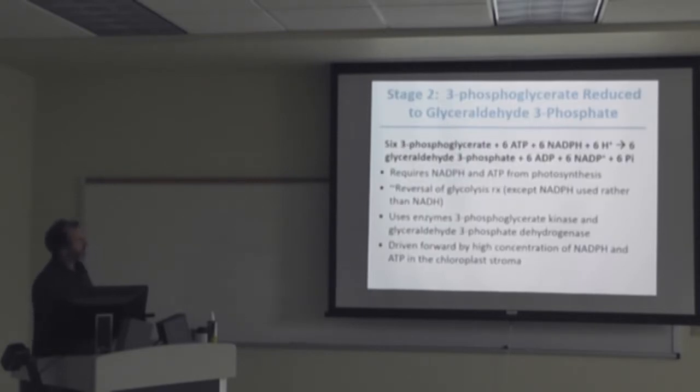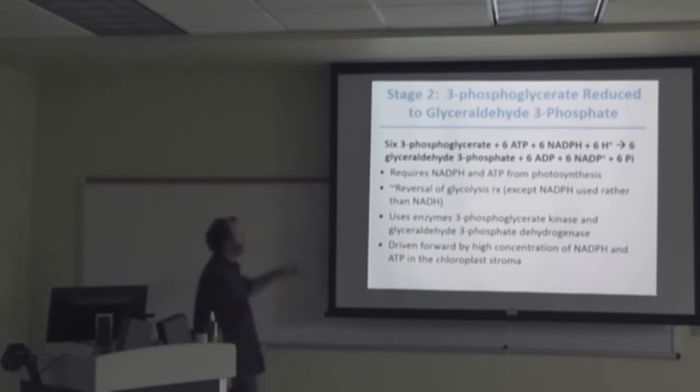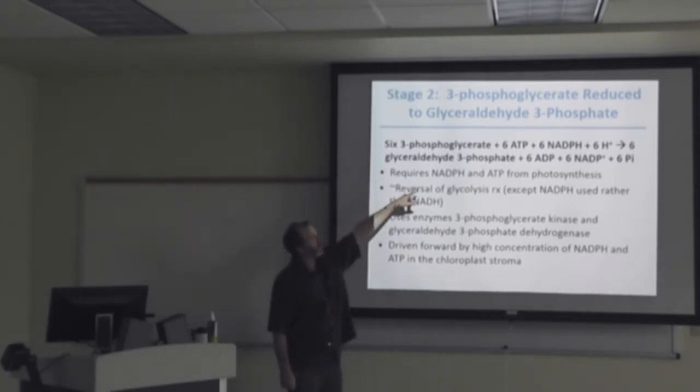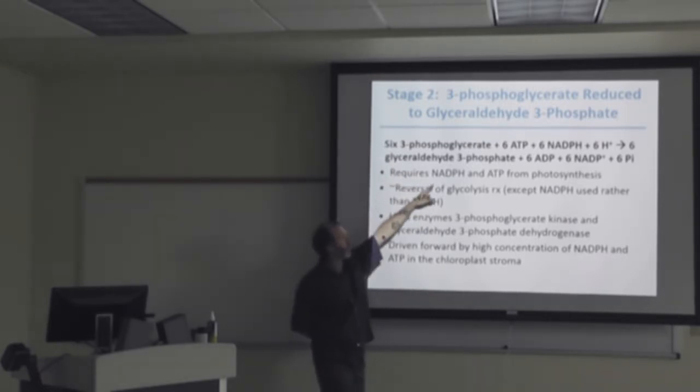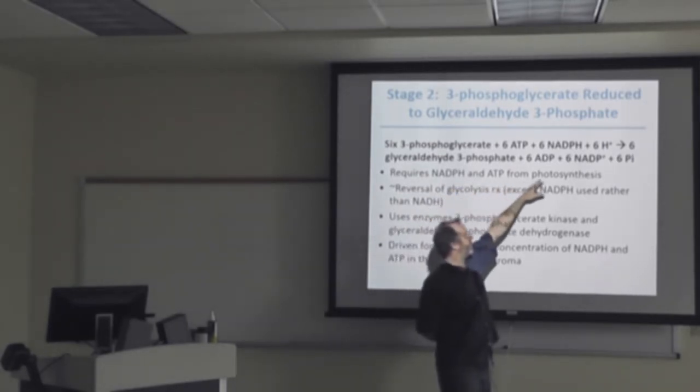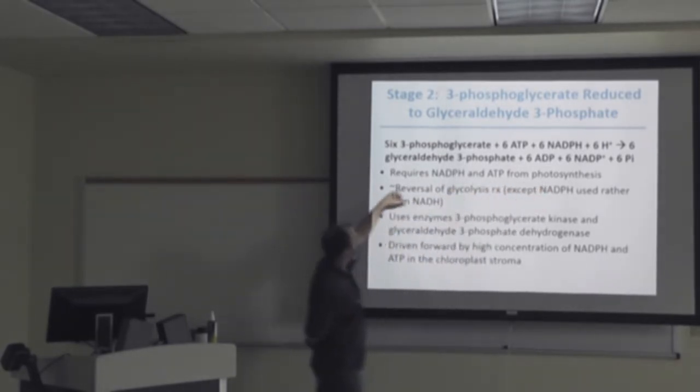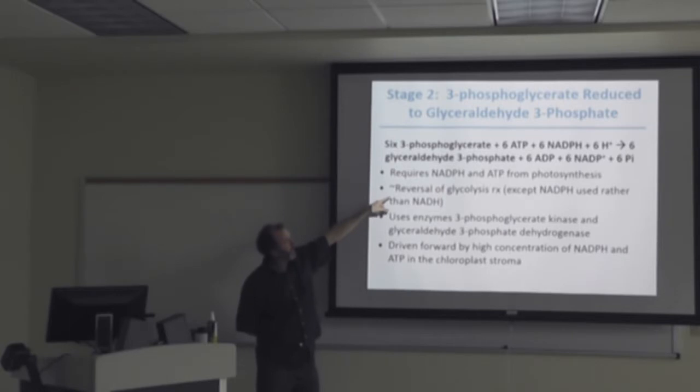So stage 2, the 3-phosphoglycerate is reduced to glyceraldehyde 3-phosphate. You have 6 3-phosphoglycerate, 6 ATPs, 6 NADPHs, and 6 hydrogen ions yielding 6 glyceraldehyde 3-phosphates, 6 ADPs, 6 NADPs, and phosphate. It requires NADPH and ATP from photosynthesis.